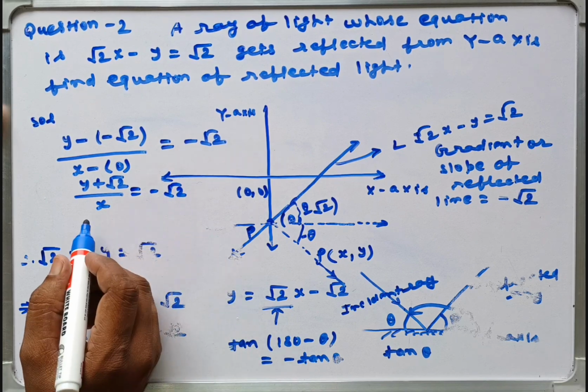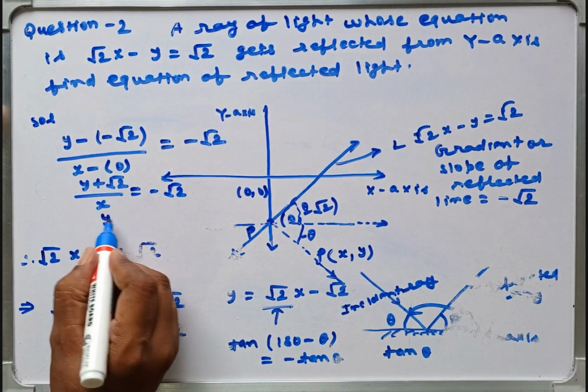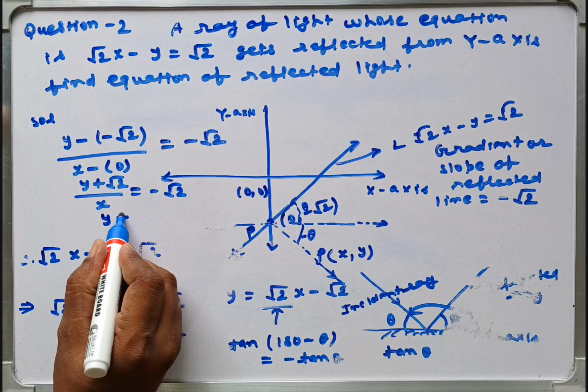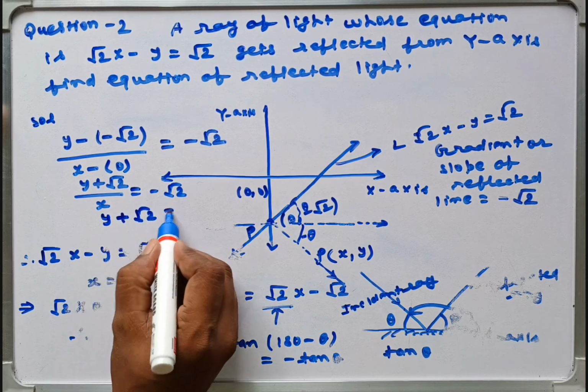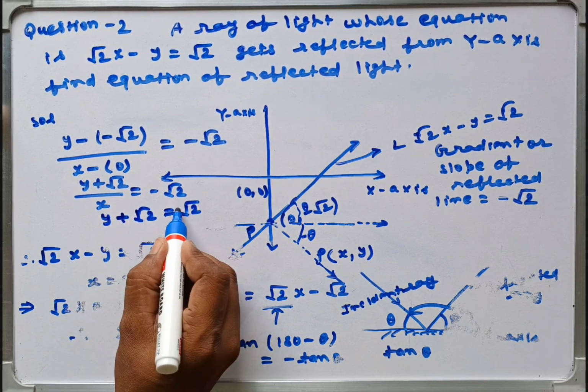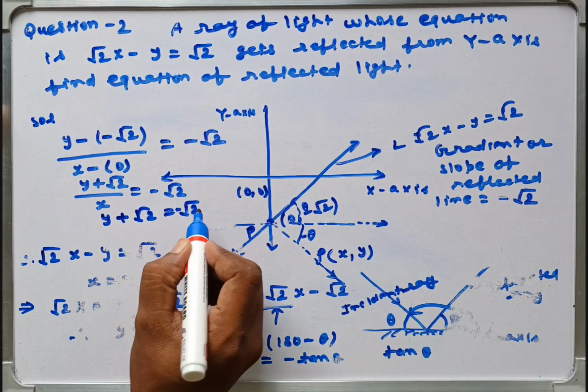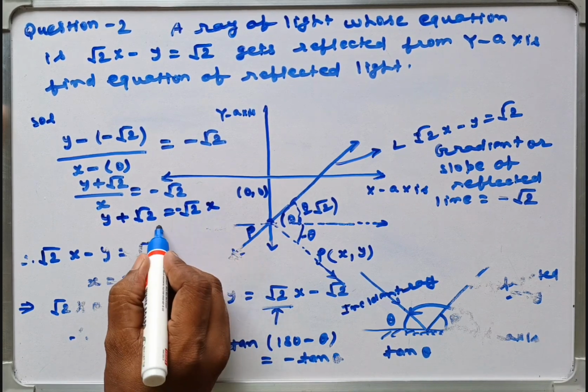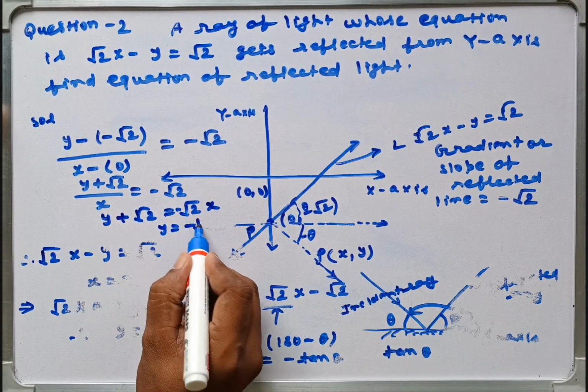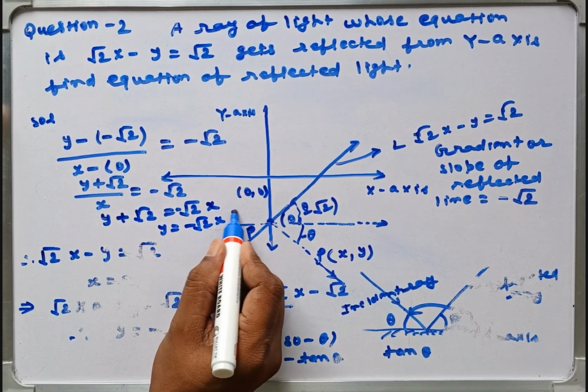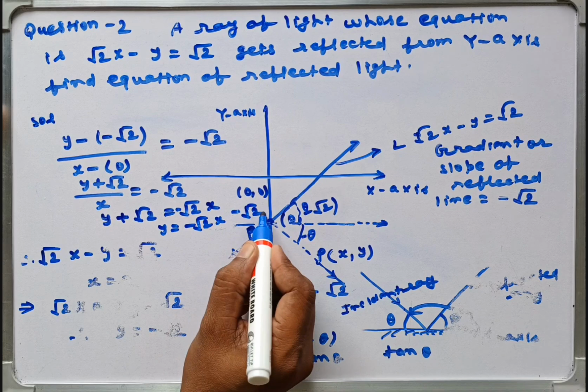So we get y plus root 2 equal to minus root 2 into x. So y equals minus root 2 x minus root 2.